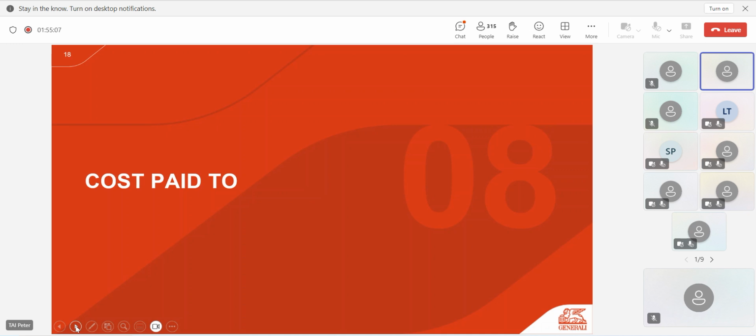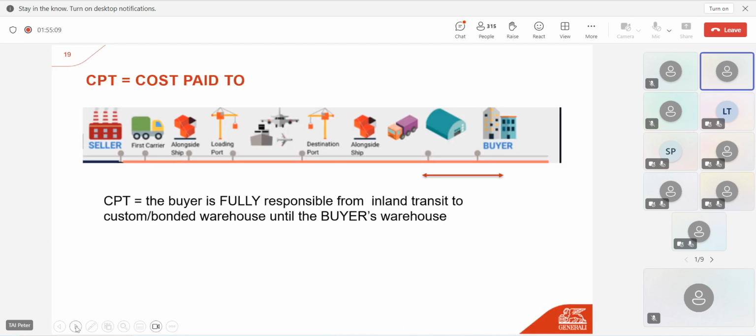Next is cost paid to. Cost paid to meaning what? If it's a CPT, cost paid to, I seldom see this. In fact, I hardly see this. With this one the buyer is only responsible for the inland part from the custom warehouse to the buyer's warehouse. So it's quite safe.